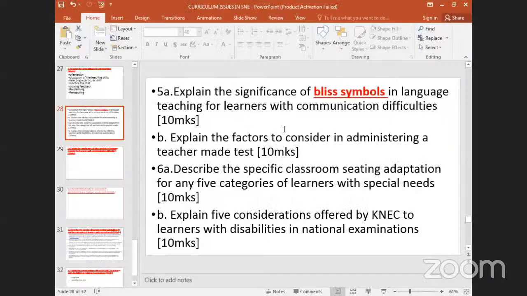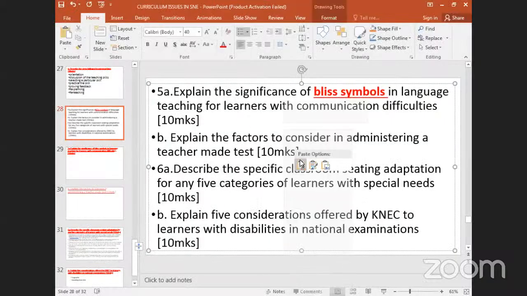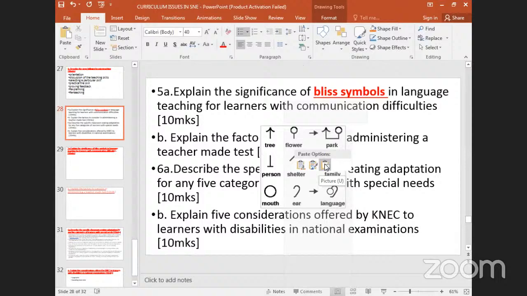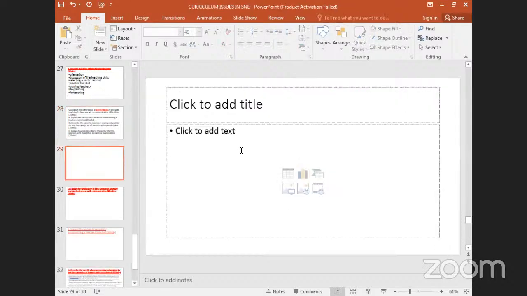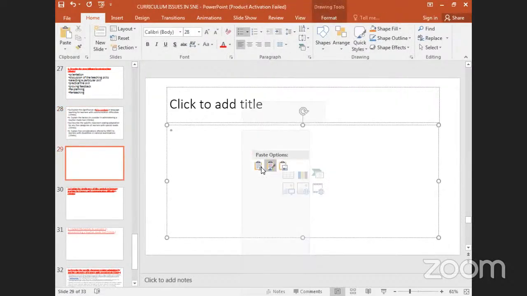I don't know whether I'm able to display the one I've copied here. Let me see. Let me create a slide for that so I can show it here.